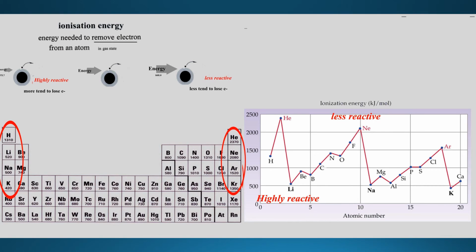Group number 8, the inert gases. They don't want to give up an electron until you put in very high energy for them to lose it. They are less reactive. So again, the same trend shows that metals have a stronger tendency to lose electrons than non-metals.